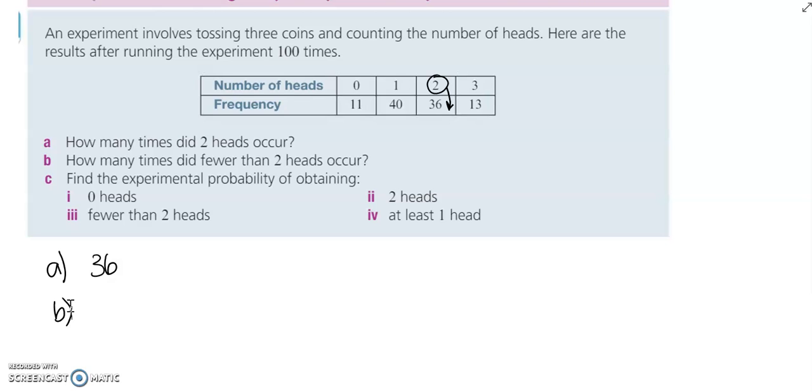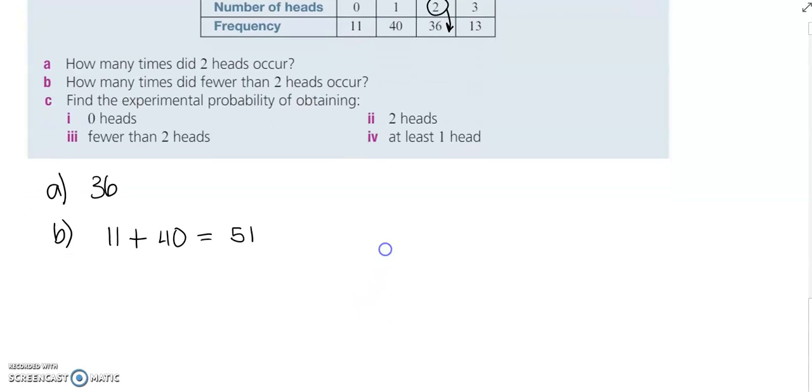I'm going to continue to read my table. Fewer than 2 heads is 0 and 1. For these two options, I had 11 times when I only had 0 heads, and 40 times when there was 1 head. If I add these two together, then there are 51 times that we had fewer than 2 heads appearing.